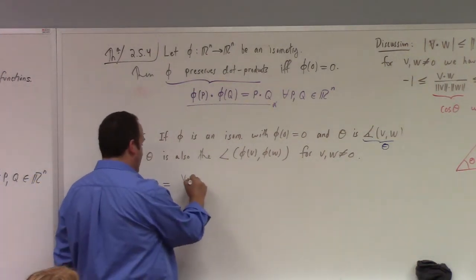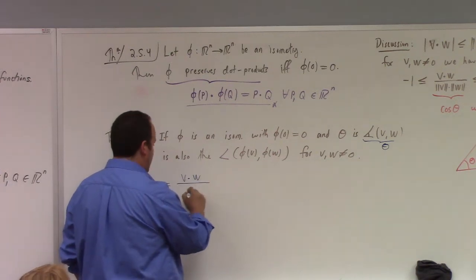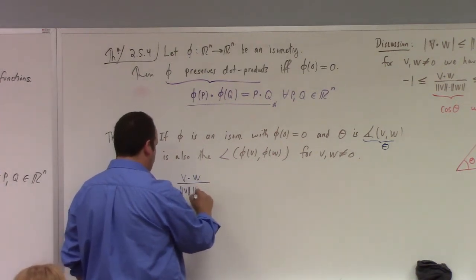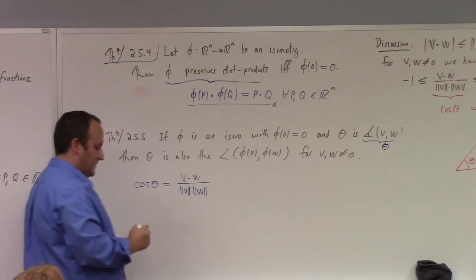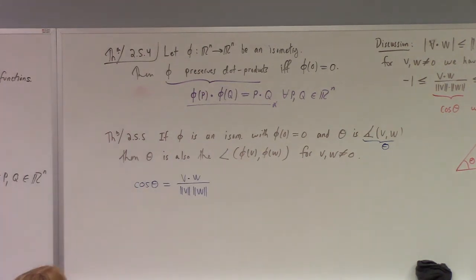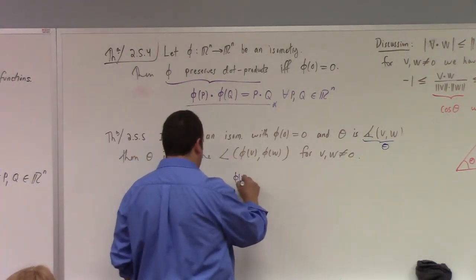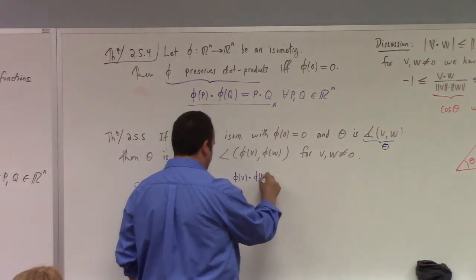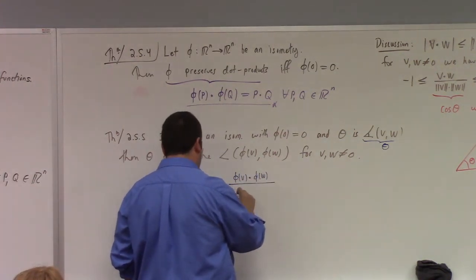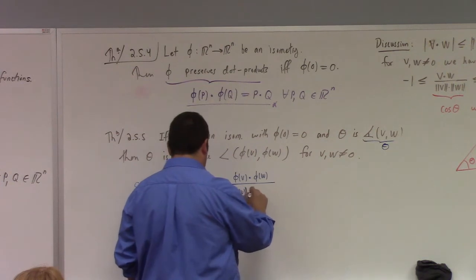It is v dot w over length of v, length of w. But if phi is an origin fixing isometry, then it follows that this is phi of v dot phi of w over length of phi of v, length of phi of w.